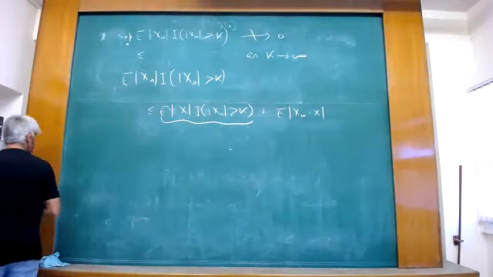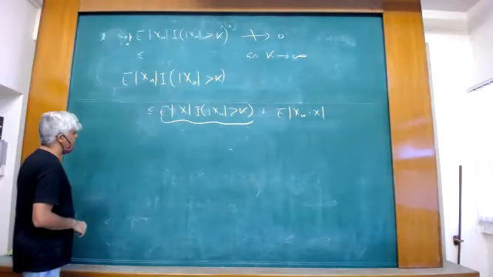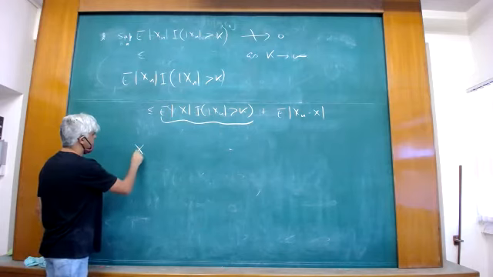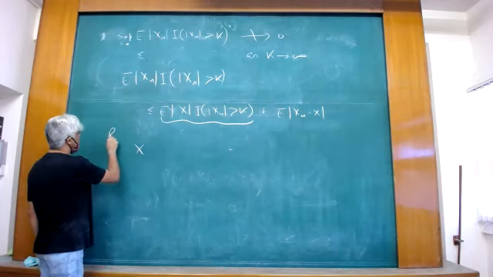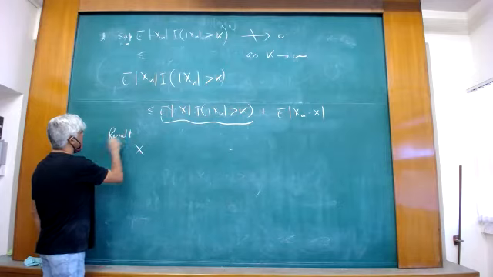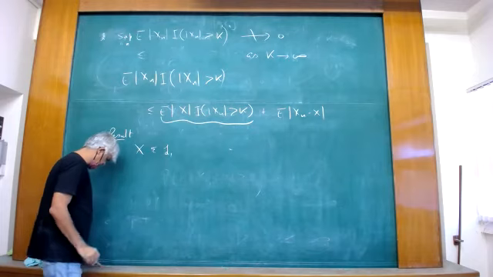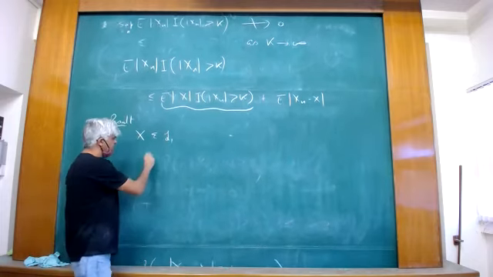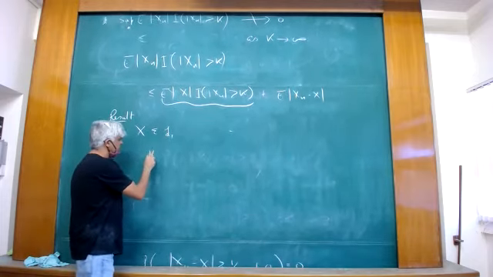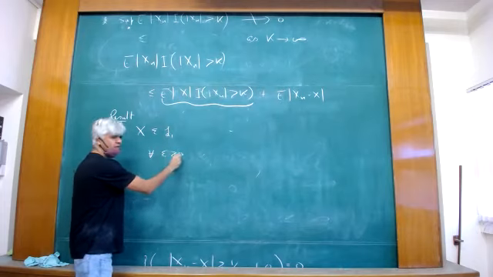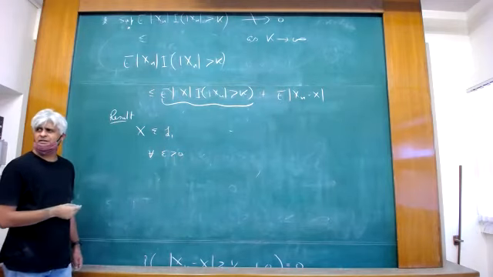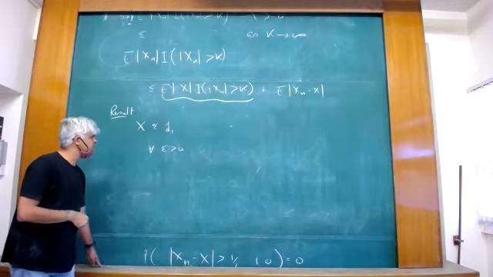The result is as follows. Given that X is in L1, this is a side result basically. For all epsilon greater than 0, so this is a slightly more general result and it's probably useful in other settings too.